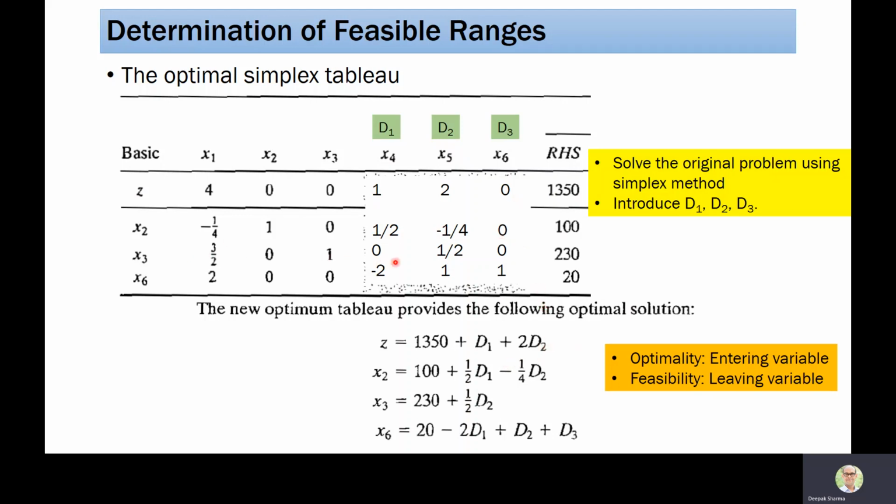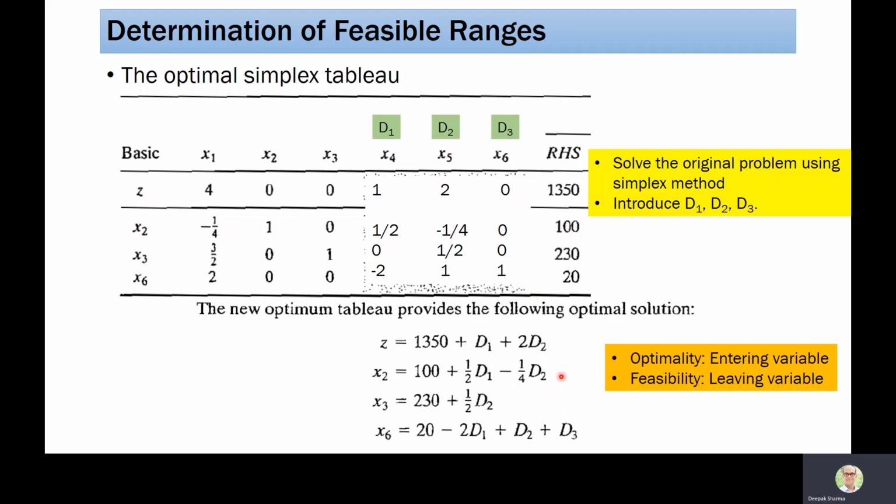There was a mistake. Let us take Z row first. Z row is 1350 plus D1 plus 2D2 plus 0 D3. Now let us take X2 variable. So it is equal to 100 plus half D1 minus 1 by 4 D2 plus 0 D3.